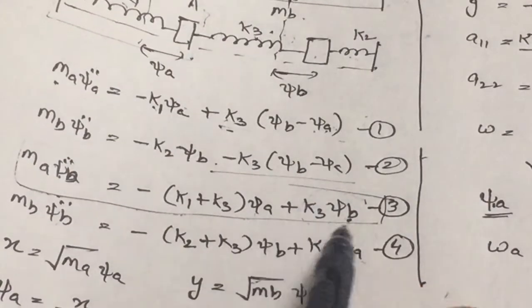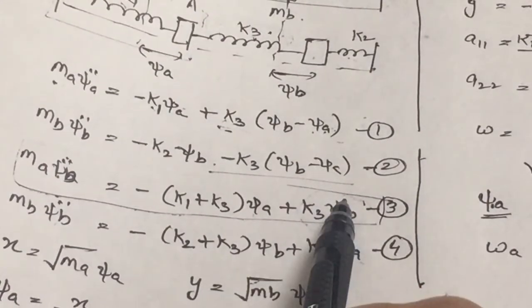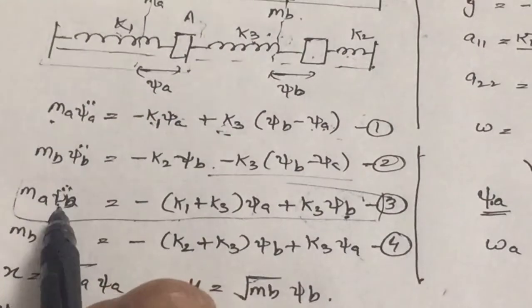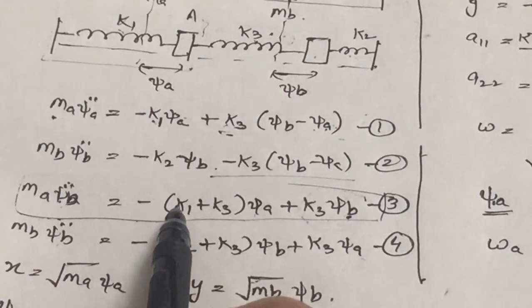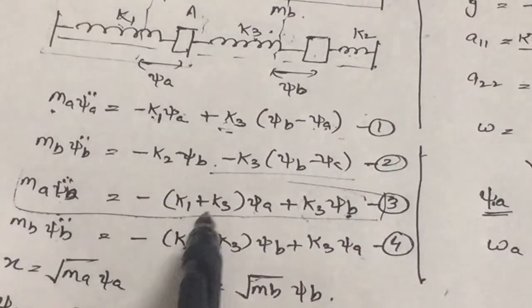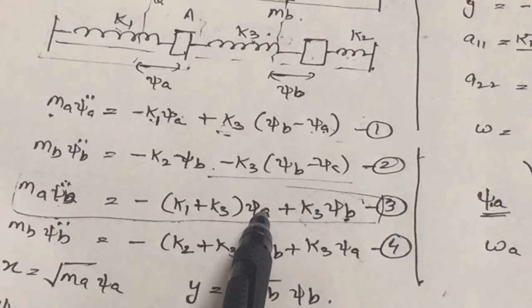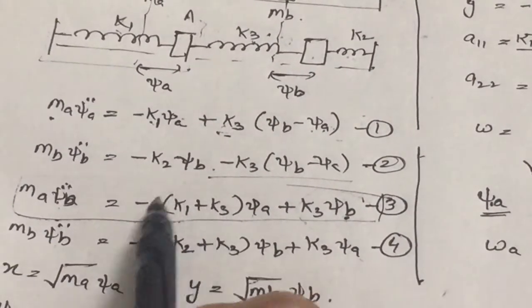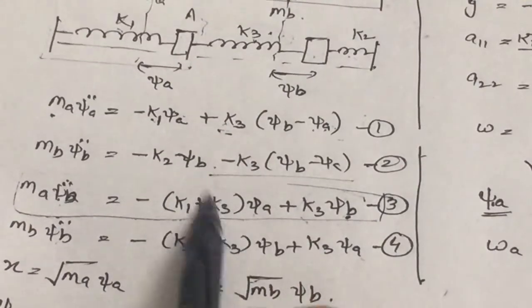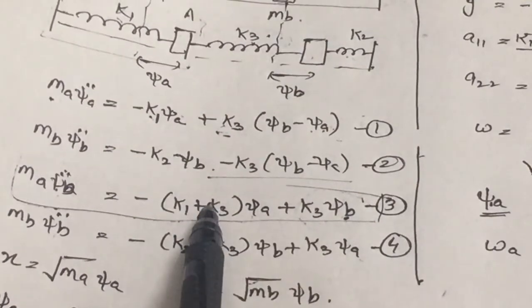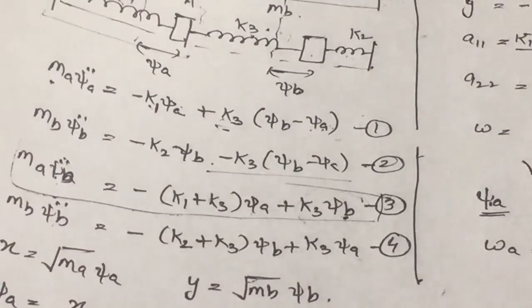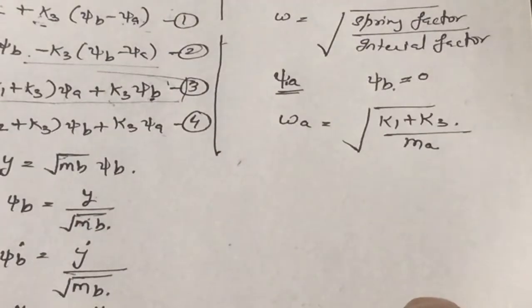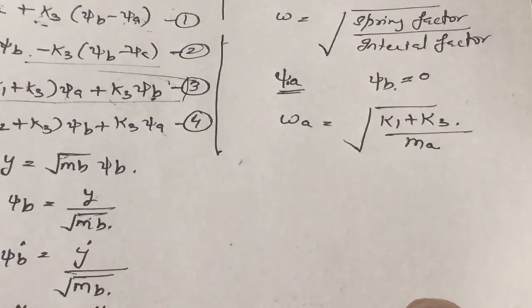If the second particle is not showing any displacement, what will you get? You will get the acceleration is equal to k1 plus k3 divided by ma times psi a, and this value is your acceleration. This is your angular velocity square, and here we will get omega a square is equal to k1 plus k3 divided by ma.